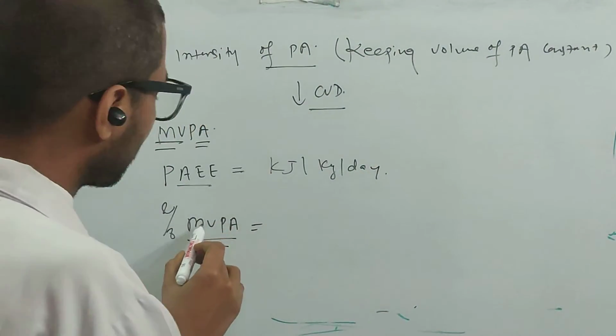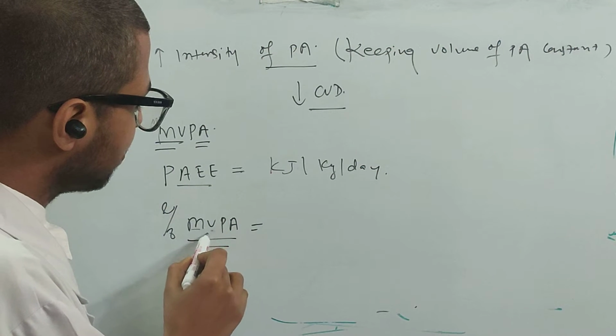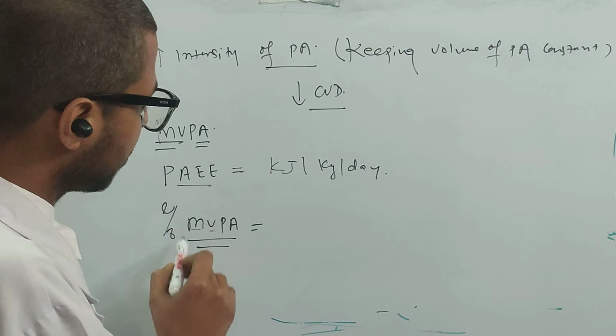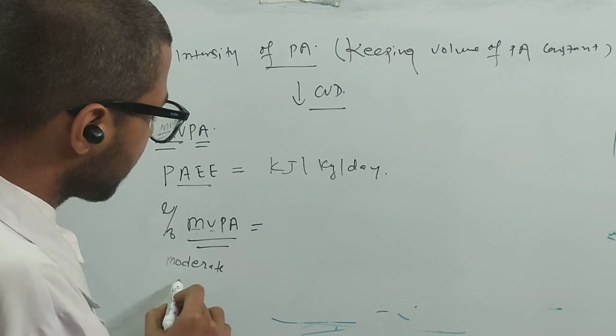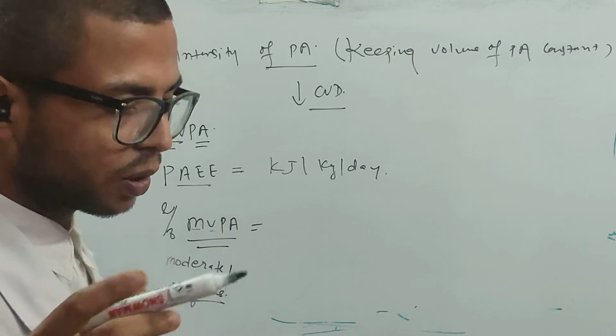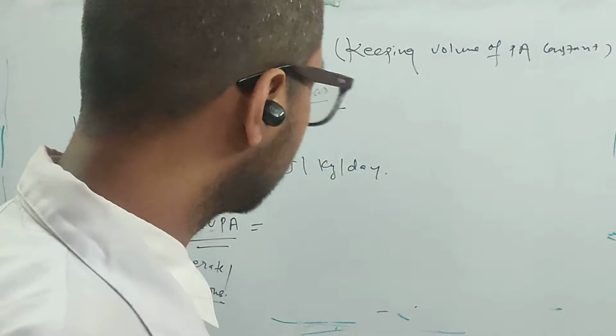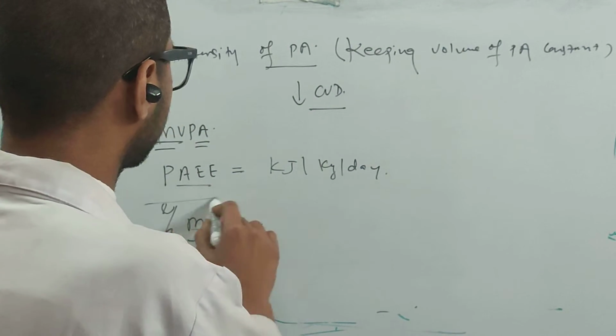You may be wondering why they have kept moderate and vigorous intensity in the same category. They could have separated moderate and vigorous intensity. I don't need to tell you why they have done it: a large sample size is needed, and the power of the study decreases. That's why they have lumped them together.